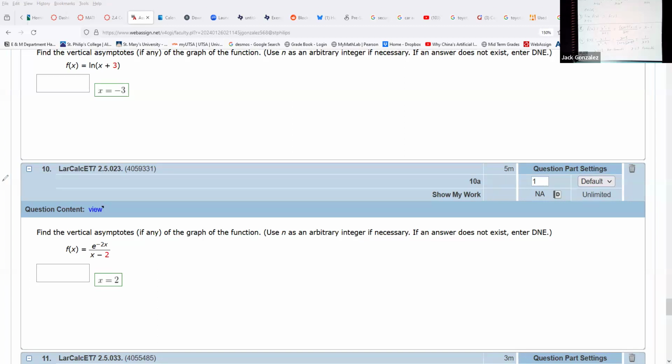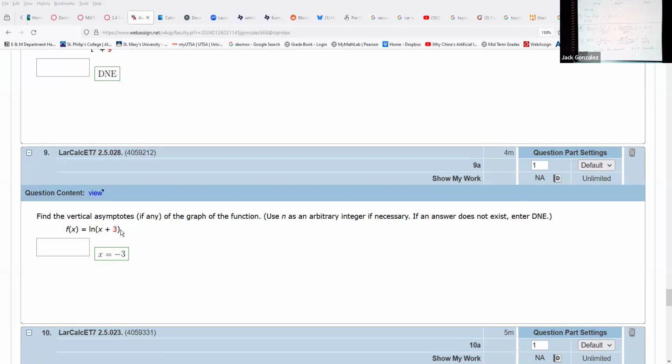Number 9 is the only one that's a little different because we should all remember you cannot have 0 inside of a logarithm. No log can have a 0 inside. All the domains for logs are greater than 0, not equal to.